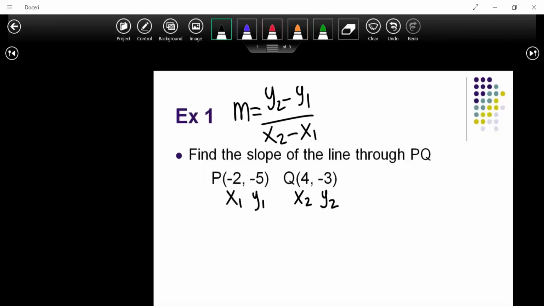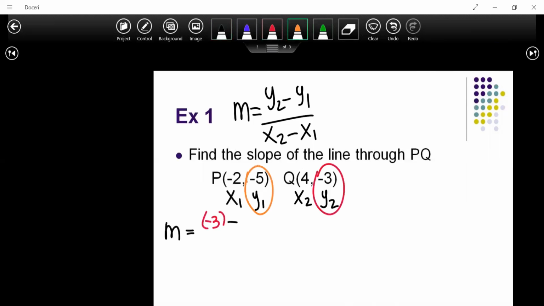All we're really going to do is plug our values in. My slope, m, is going to be equal to my y2, which in this case is -3. It is helpful to put parentheses around your terms. It will help you differentiate them.